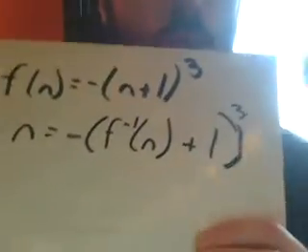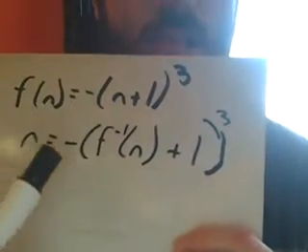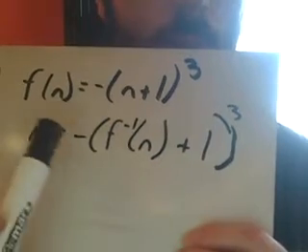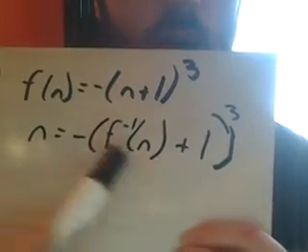So this is an interesting problem because we have a cube term. We're raising something to the third power. Well, what's the opposite or the inverse of raising something to the third power? Well, it's taking the cube root of that whole thing. But before we can do that, we have to get rid of this pesky minus sign right here, okay? So what I'm going to do is divide both sides by -1.